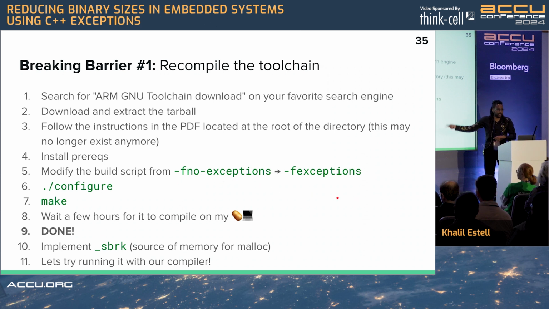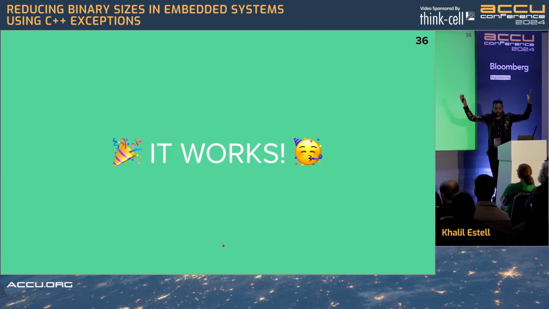Configure it, make it, build it, and then you need to implement one other function. I know it uses dynamic memory, so I need to provide memory to it. There's a function called sbrk, or set break. You give it some memory that it can use to allocate, and when you try it out, it works. So after a couple of hours of tinkering with this, you can get it to work.